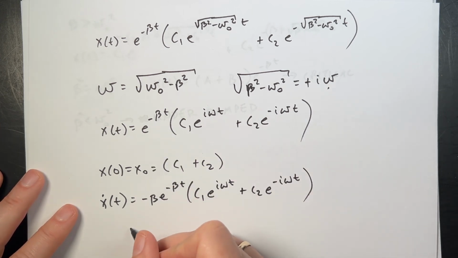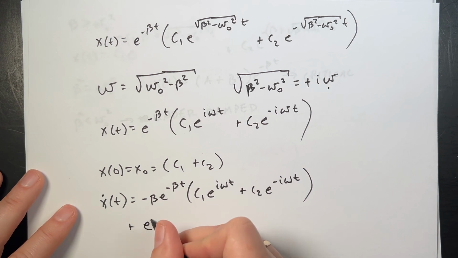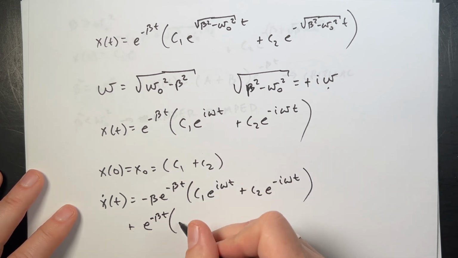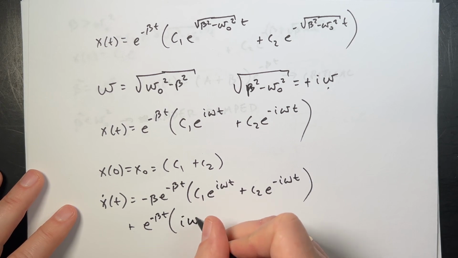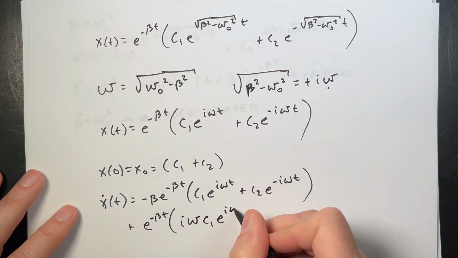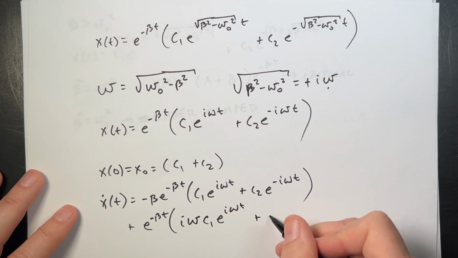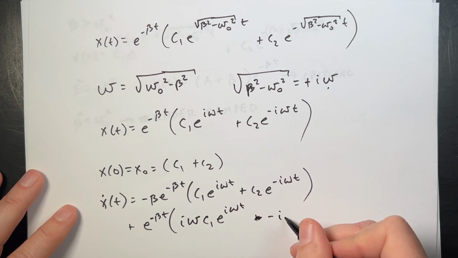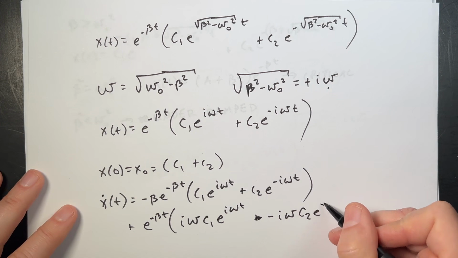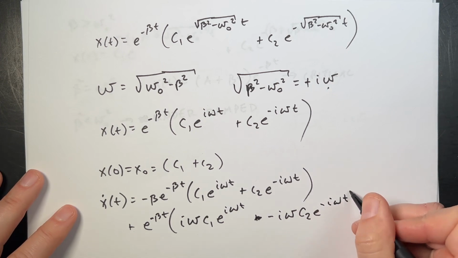So plus e to the negative beta t times I omega C1 e to the I omega t minus I omega C2 e to the minus I omega t.